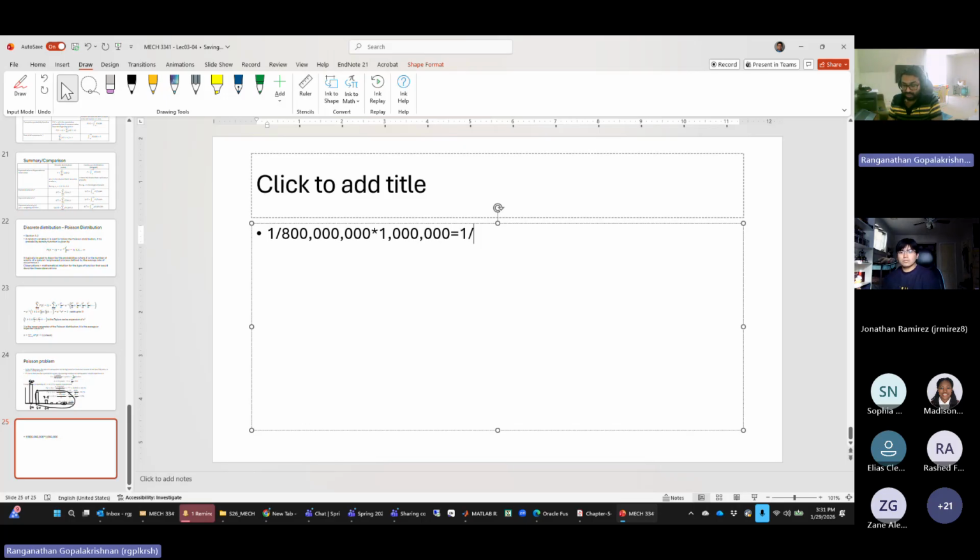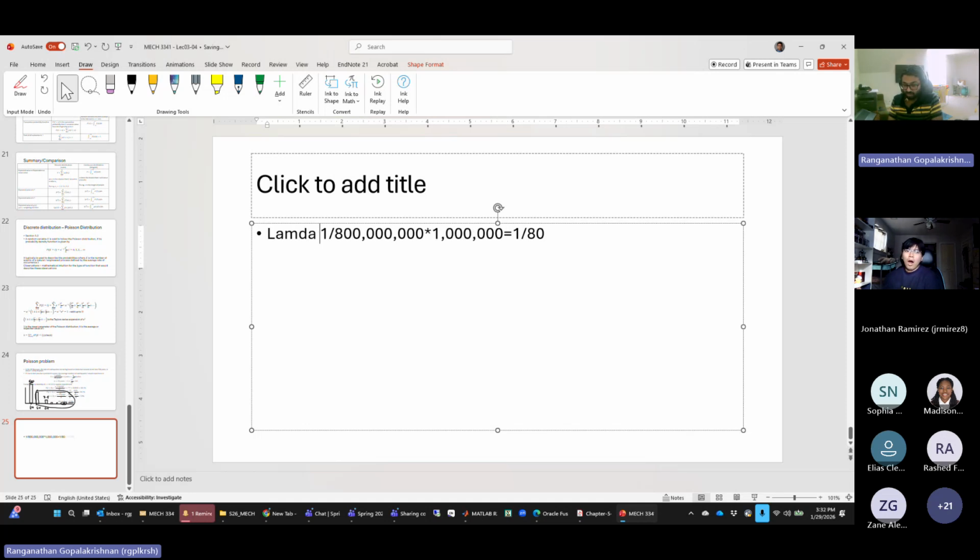So it's about 1 in 80. So lambda for this case is 1 over 80. So if you are observing over a period of 1 million years, what are the chances that nothing will happen?